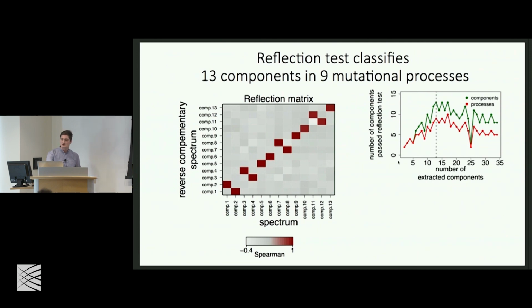It turns out, as we increase the number of extracted components, many of them pass the reflection test, up to the point where if we extract 13 components, all of them pass the reflection test. And when we keep increasing the number of extracted components, we don't see additional components with the reflection property, meaning that probably this is the number of components that are biologically driven, and other components are just noise.